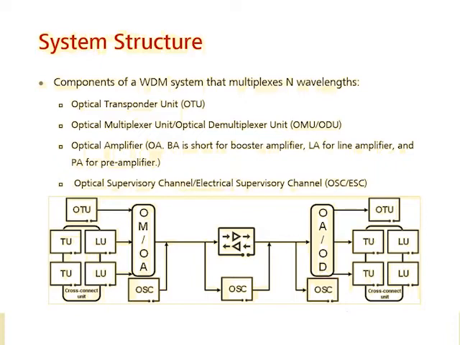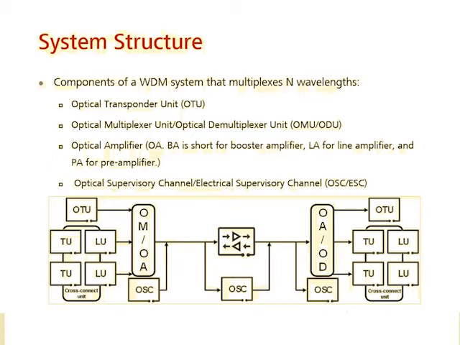So, because it does not detect your service, the ESC overhead cannot be detected. So ESC cannot monitor the status of the optical amplifier station. That's the disadvantage of ESC. OSC can monitor all the stations in a core WDM network, but with ESC, only the optical amplifier station cannot be monitored.